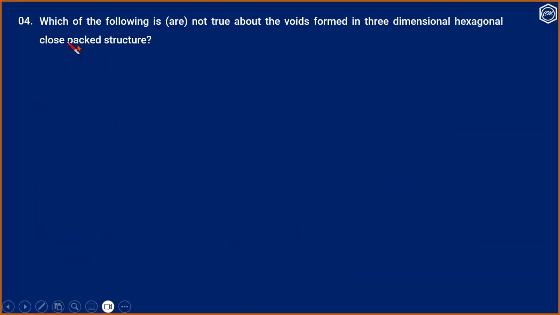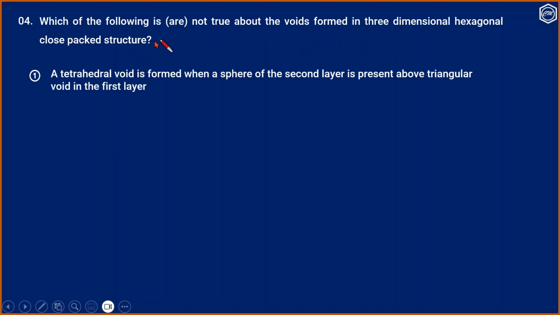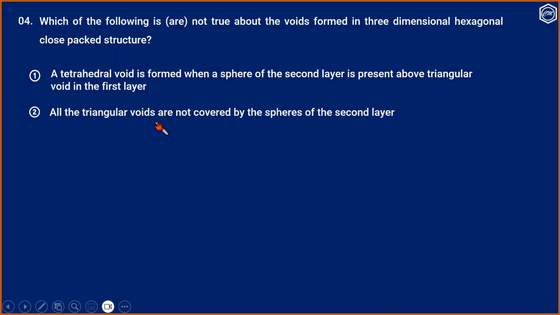Question number 4. Which of the following is or are not true about the voids formed in three-dimensional hexagonal close-packed structure? 1. A tetrahedral void is formed when a sphere of the second layer is present above a triangular void in the first layer. 2. All the triangular voids are not covered by the spheres of the second layer. 3.